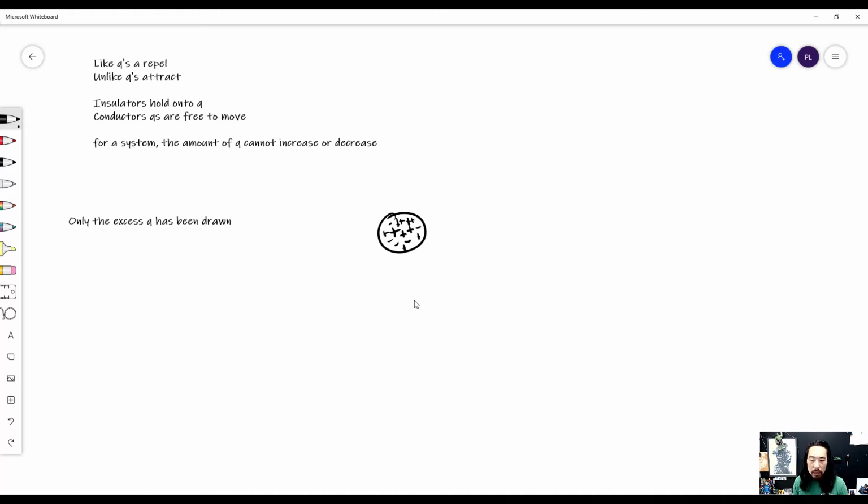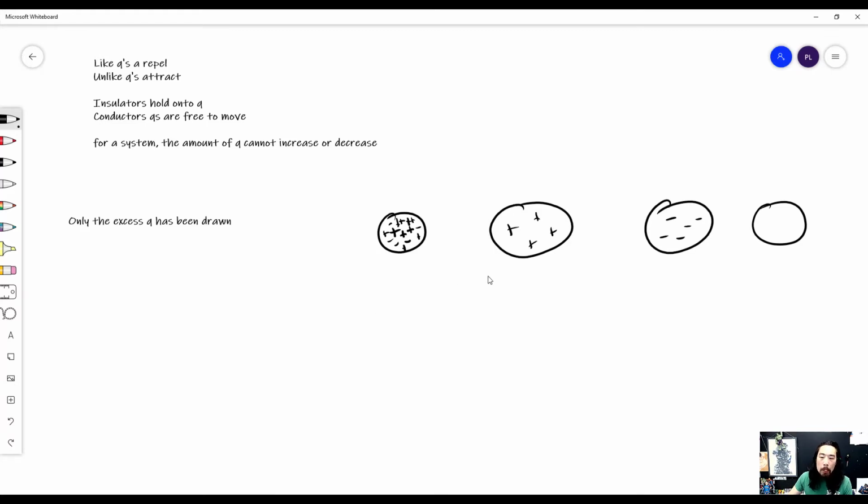So instead of drawing it like that, because I made that statement, I'm just going to draw the positive charges to show that this object is overall positive. I don't want to clutter up my object. The same goes for an overall negative object. Instead of drawing positive and negative charges, I'm just going to draw my negative charges to show that it has an excess of negative charges. On the flip side, if we have a neutral object, we can just draw the object itself.